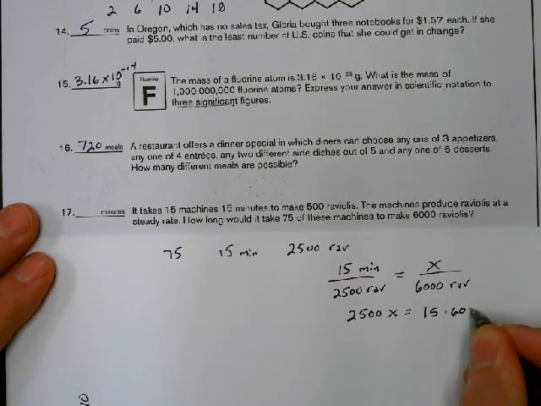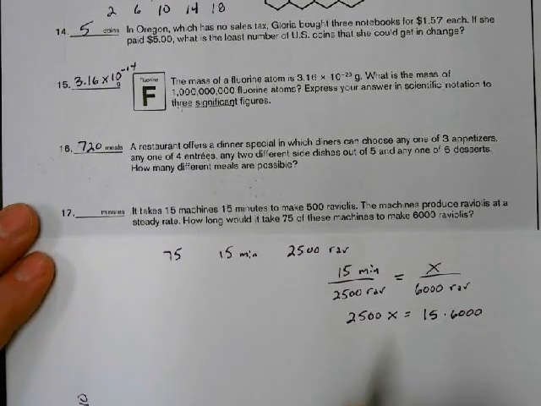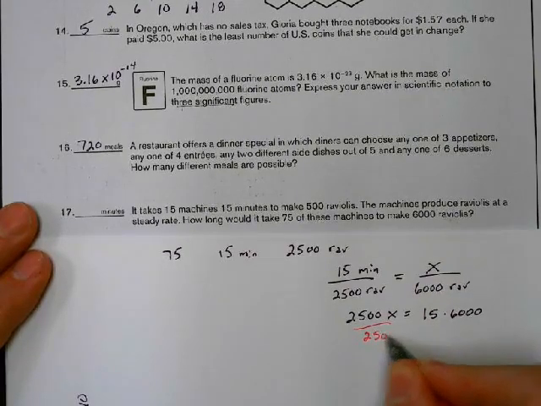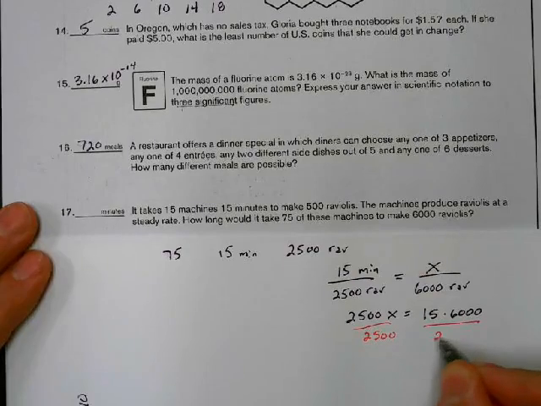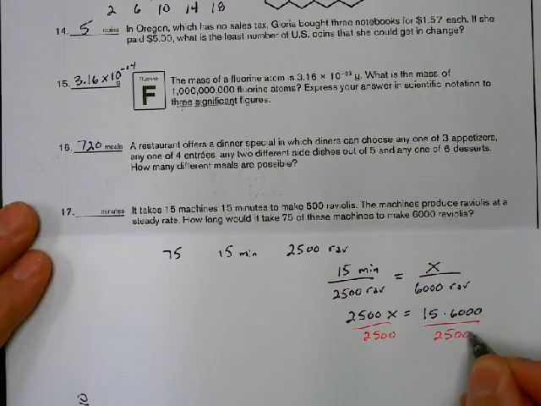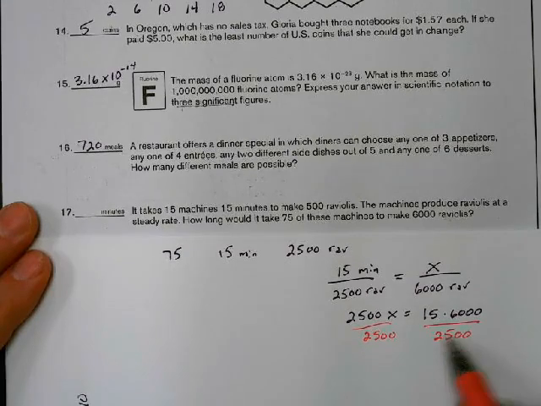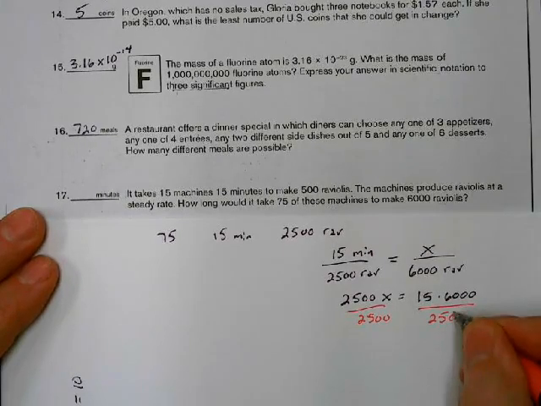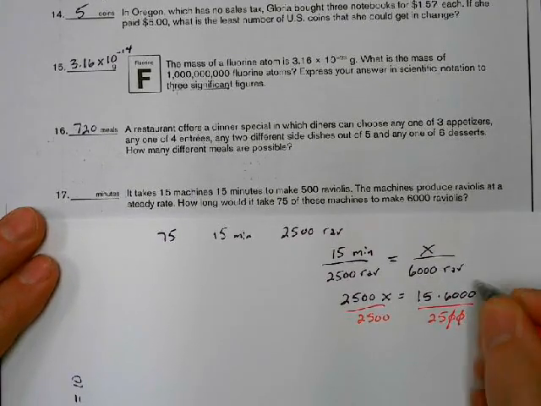My next step would be to divide both sides by 2,500. Remember, we're trying to do these problems as fast as possible, so doing extra math is going to slow us down. So I know that all these are factors, and I can just start reducing them. These two zeros represent 100, so I'm going to take off this 0 and this 0, and that's going to reduce this 0 and this 0.